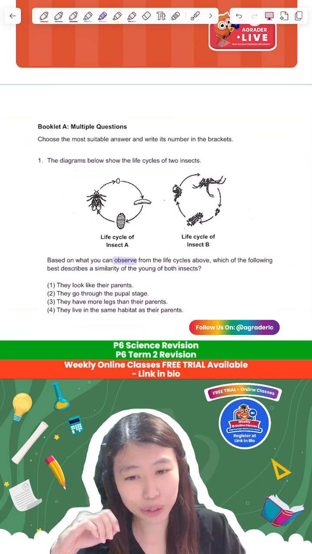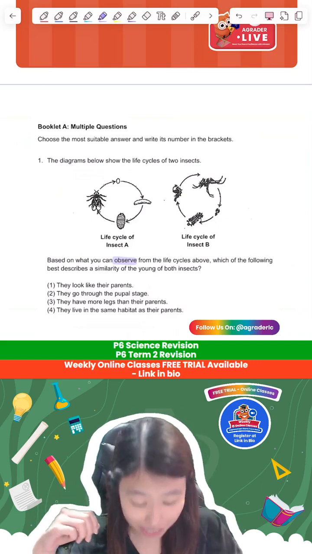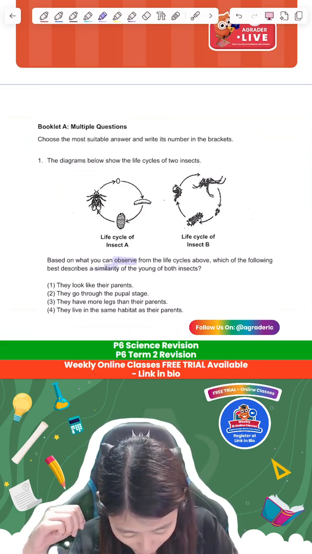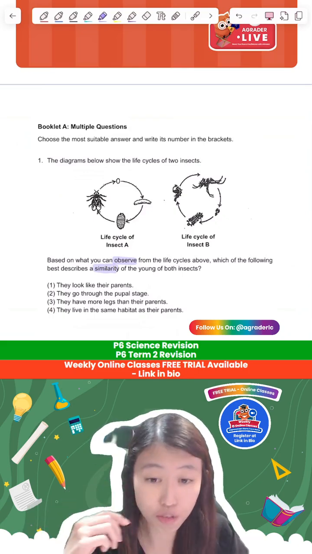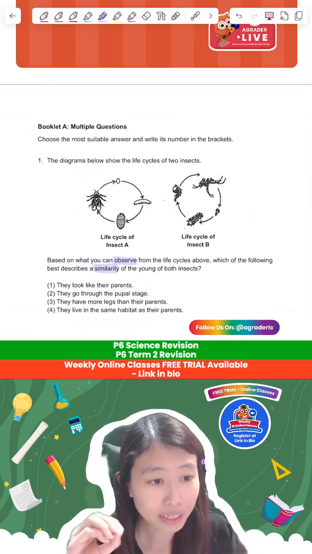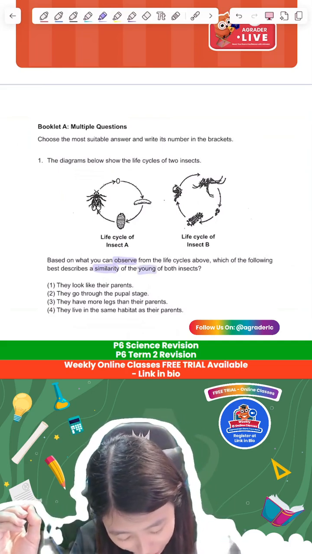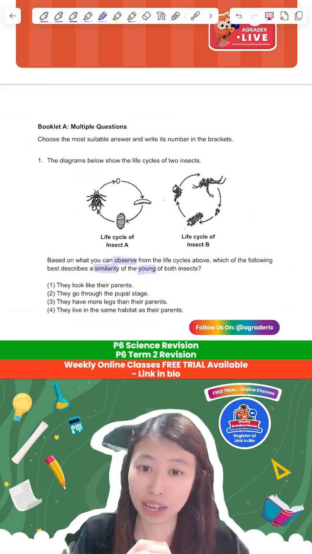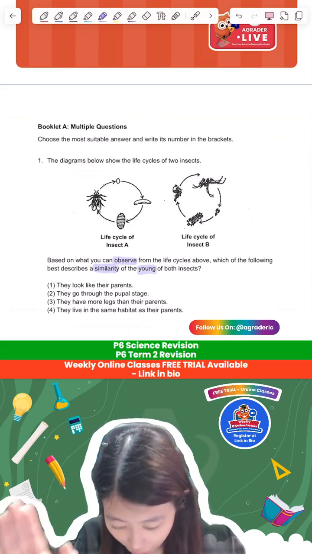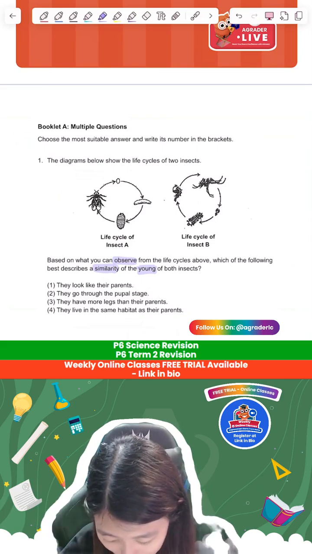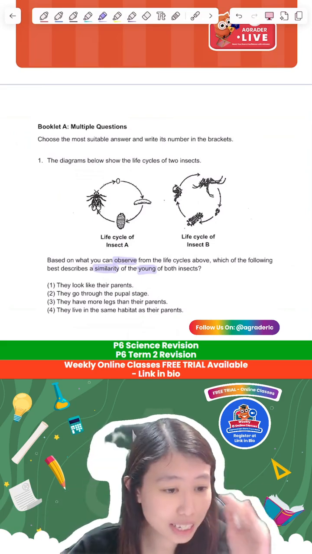Which of the following best describes the similarity of the young of both insects? Take note that they are focusing on the young of both insects.